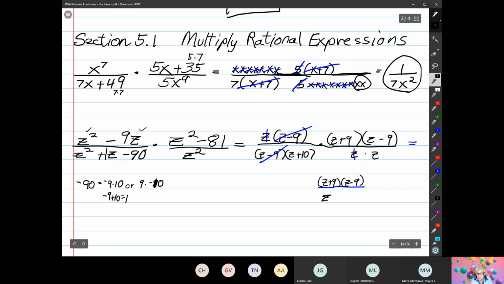That's just the way we usually do it. I don't know that there's a rule that says you have to. And there's your answer: z plus 9 times z minus 9 over z times z plus 10. So you factor, factor, cancel, cancel.